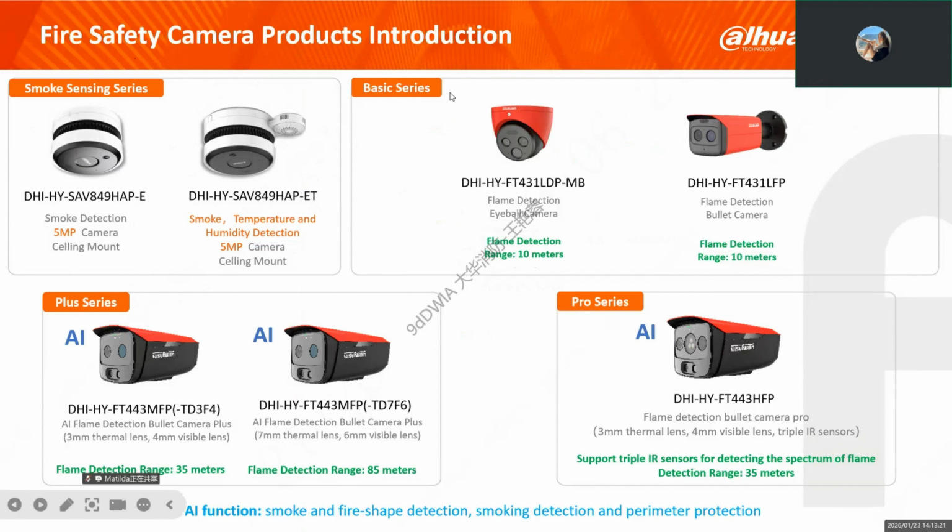And for the flame detection network camera, there are three different series: the basic series, the plus series, and the pro series. For the basic series, there are still two models. One is a dome one, another one is the bullet one.